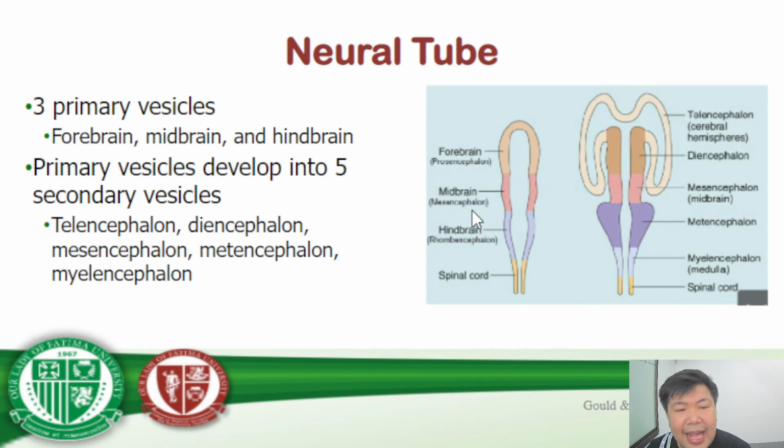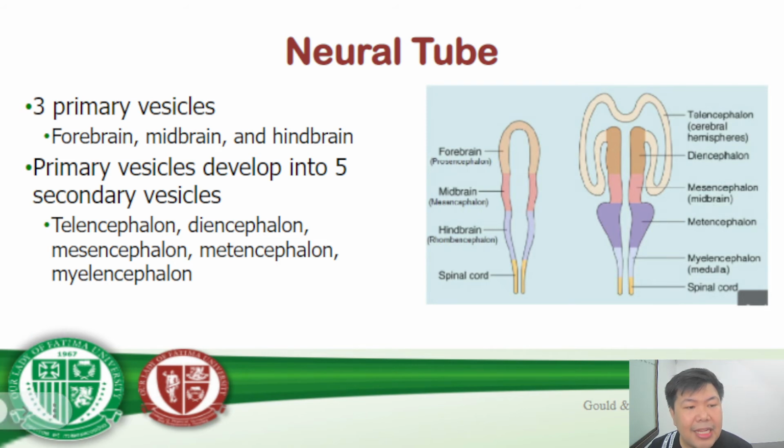And then the hindbrain will divide into 2. That's your metencephalon. That will be your future pons and also cerebellum, and your myelencephalon, which will become your future medulla oblongata. Okay? So, forebrain nahati sa dalawa, telencephalon and diencephalon. Midbrain, naging mesencephalon. Hindbrain, naging metencephalon and myelencephalon. And then, it will be followed by your spinal cord. Please do remember this, okay? And kung ano yung magiging structure nila in the future.